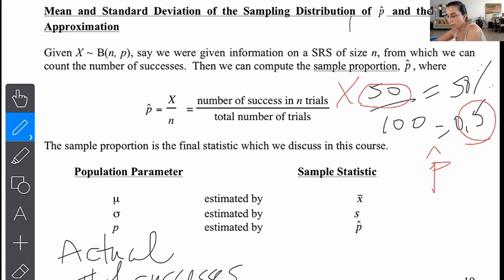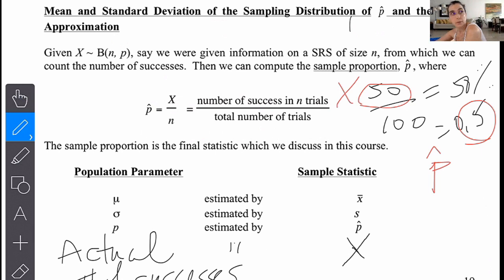If we had the whole population and we knew the actual number of successes, whatever we were interested in, this would be estimated by the random variable or the sample statistic x, which I treat like a random variable for which I derive a distribution.